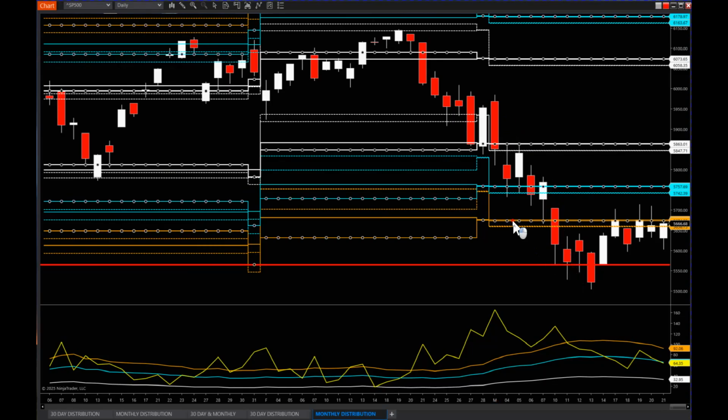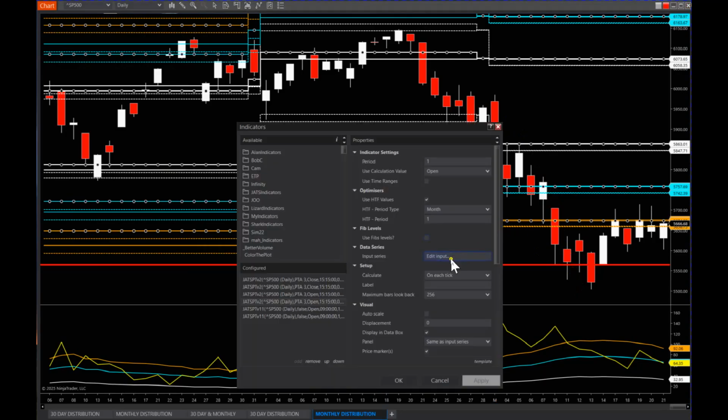And again, if we run these fibs below it, you'll see it's at 1.25 times the range.